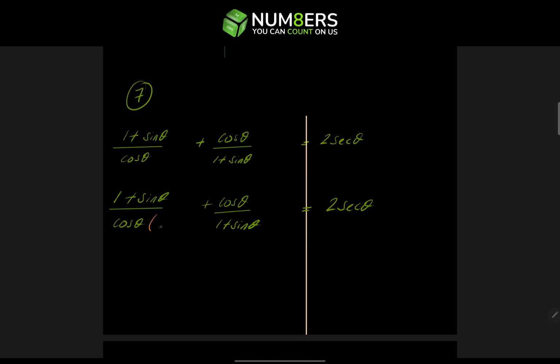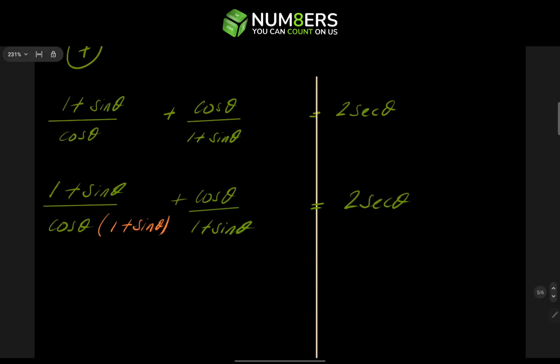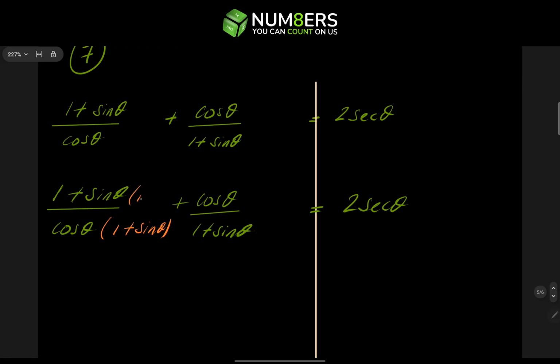So on the left, we'll multiply by 1 plus sine theta, top and bottom. Let's zoom in a little bit. And on the right, we're going to multiply by cosine theta.